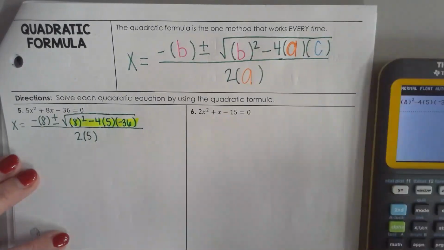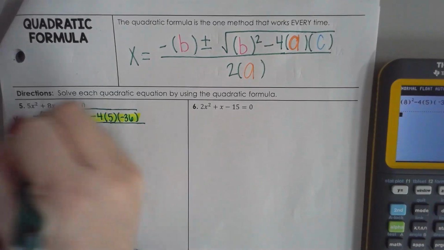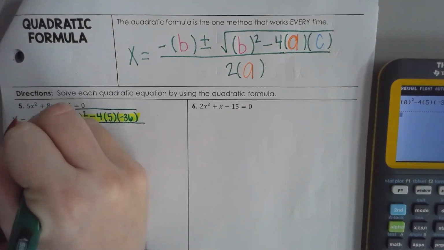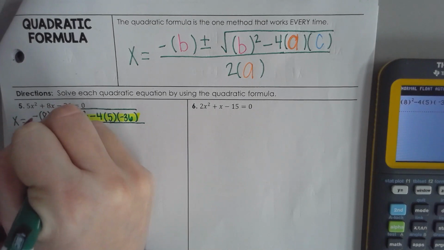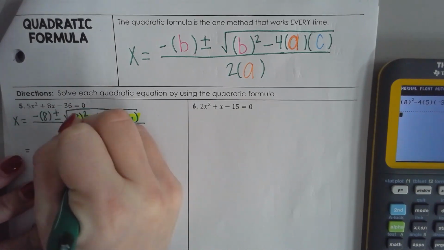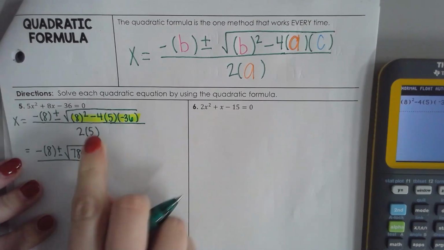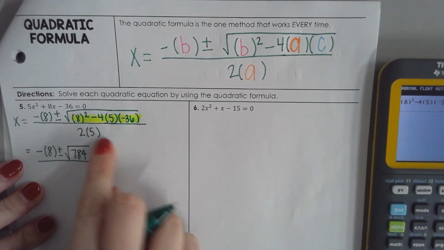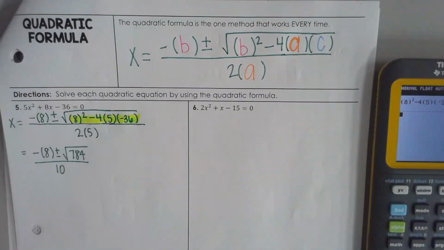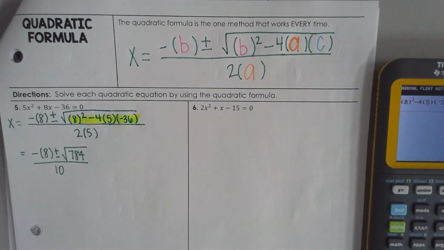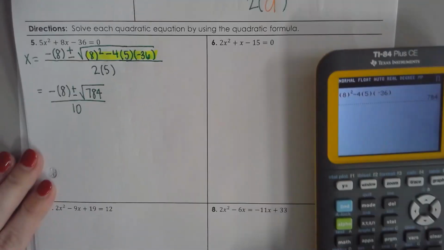$784. So I'm going to rewrite this, but I'm going to put a 784 there. And I can go ahead and do 2 times 5 and put a 10 on the bottom. That's okay. Is 784 a perfect square?